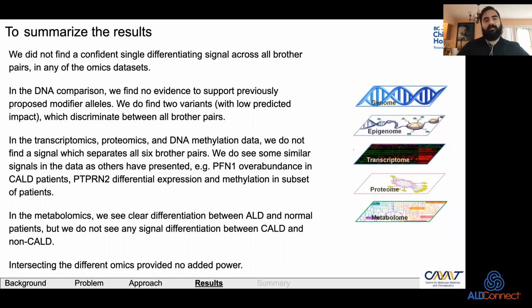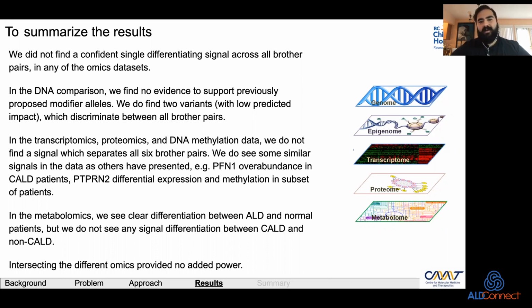So as a summary of the results, unfortunately, we did not find a confident single differentiating signal across all brother pairs in any of the omics datasets. When we compared the DNA, we found, first of all, no evidence to support previously proposed modifier alleles.